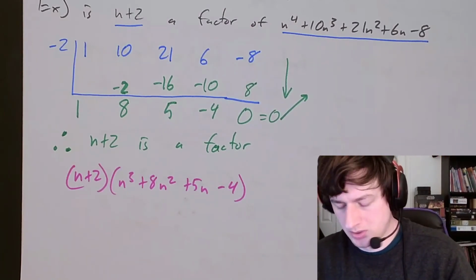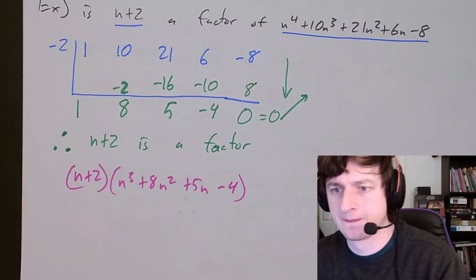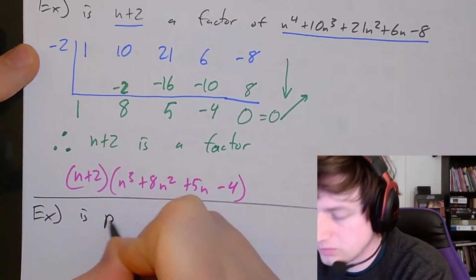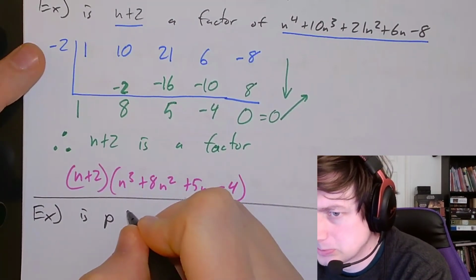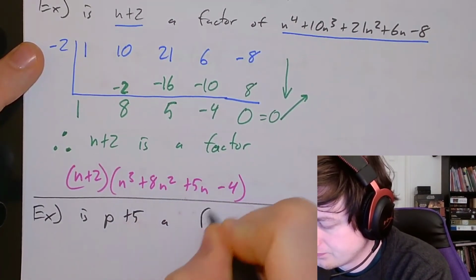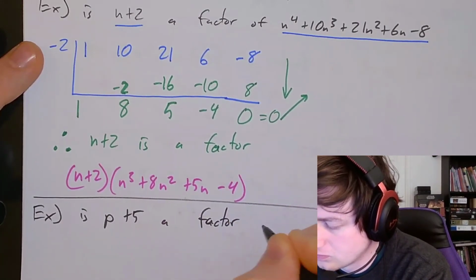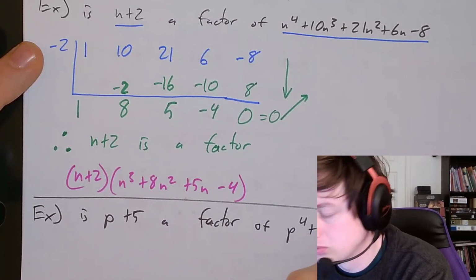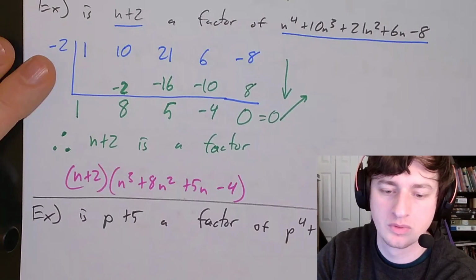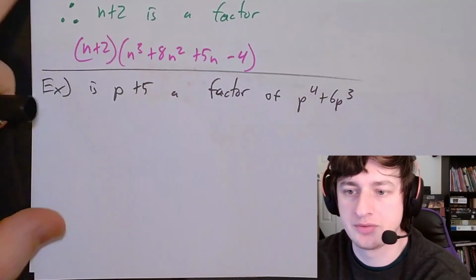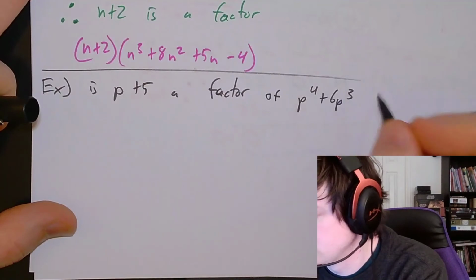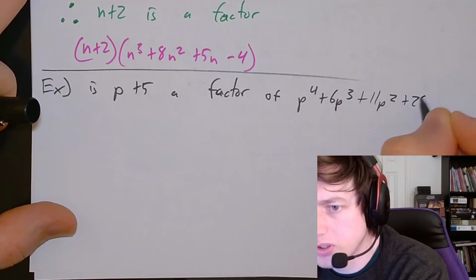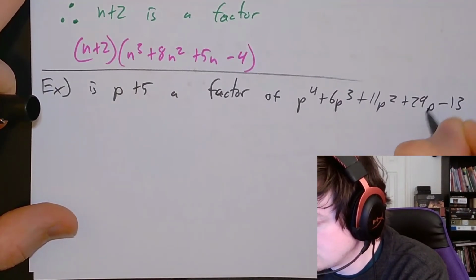Let's do this one. So is p plus 5 a factor of p to the 4th plus 6p cubed plus 11p squared plus 29p minus a 13?